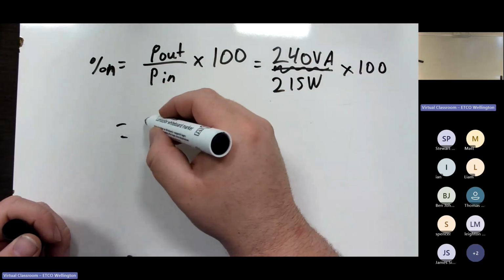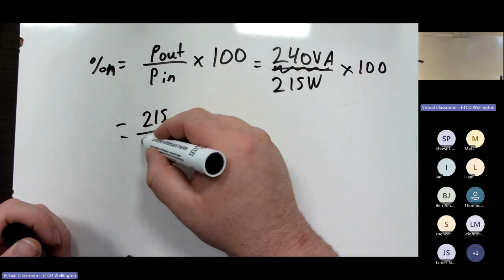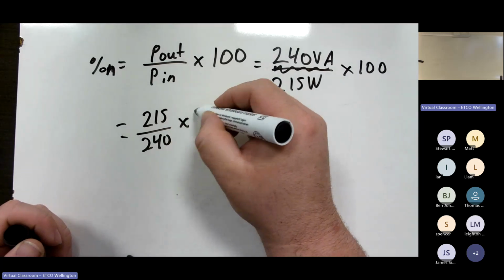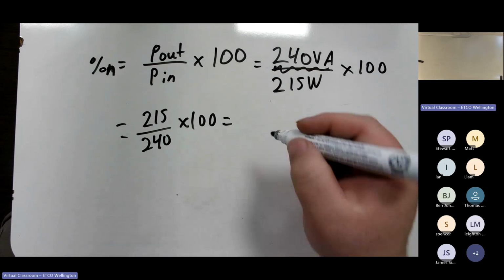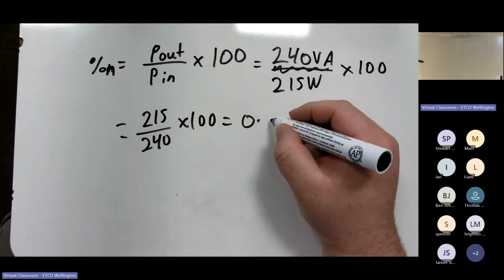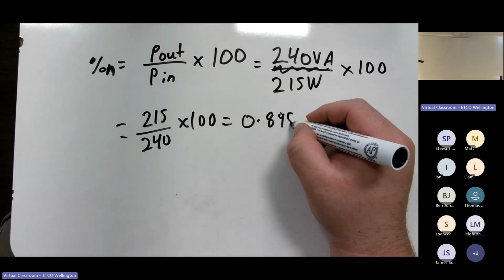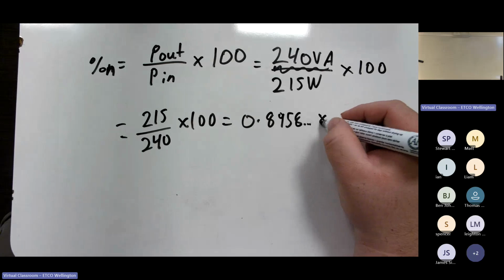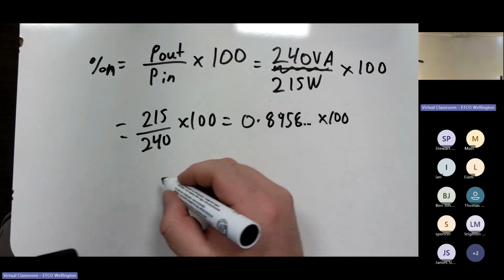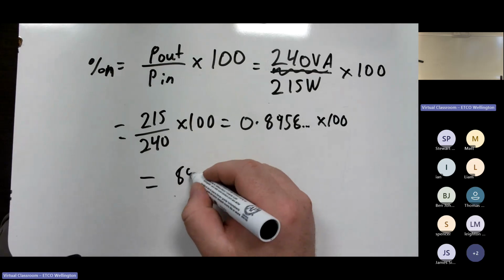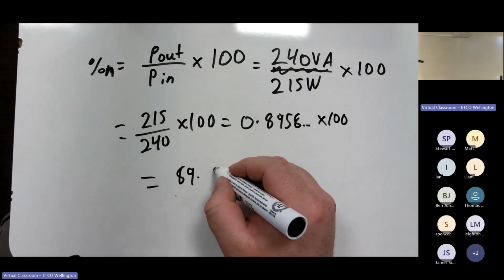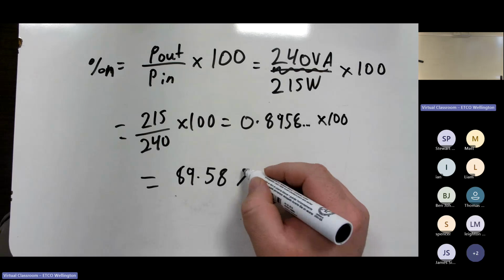So it equals 215 divided by 240 times 100, which equals 0.8958, etc., times 100, which equals 89.58%.